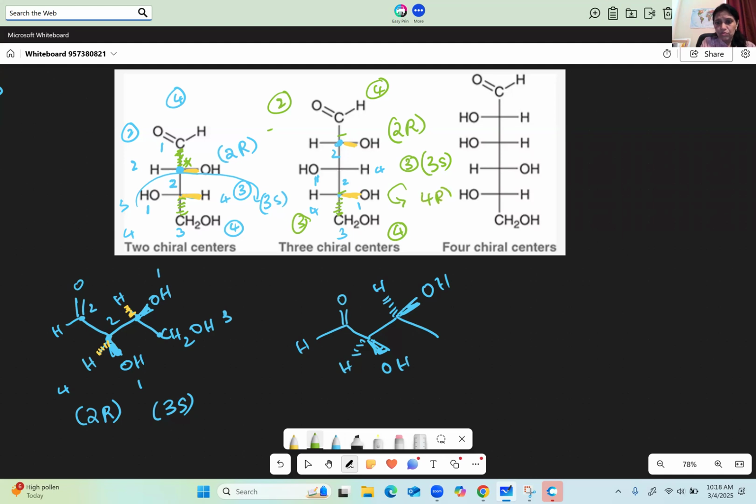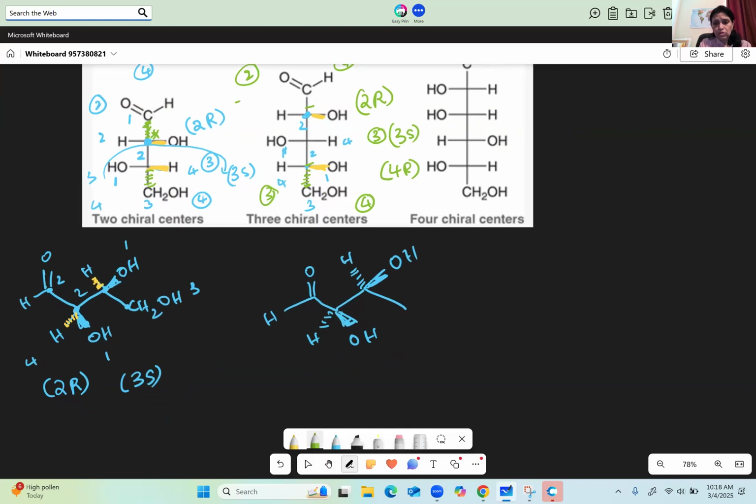So before it should have been R, 4R. So now I have to draw my 4R here. This is my fourth carbon and I have a CH2OH here. I have a hydrogen. So 1, 2, 3, that's an R. Right?